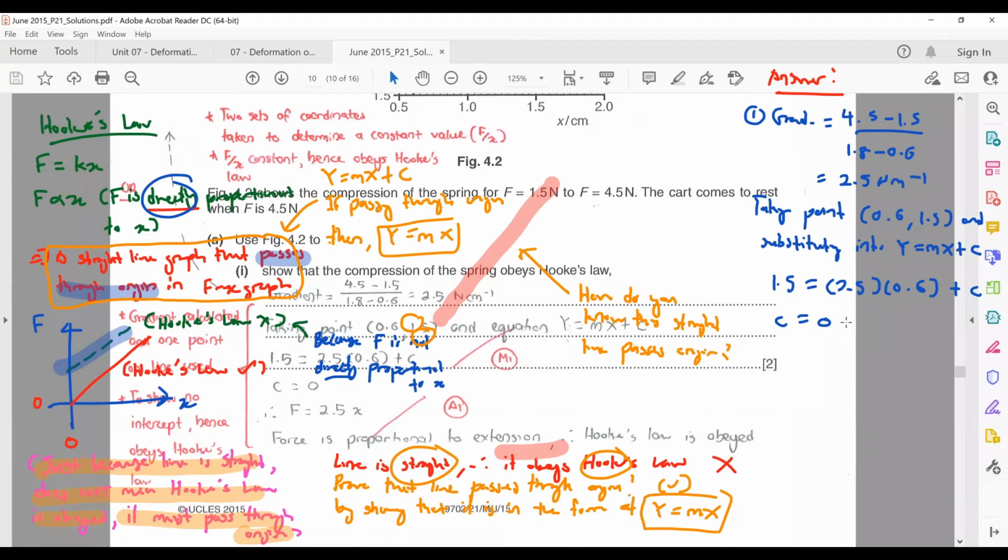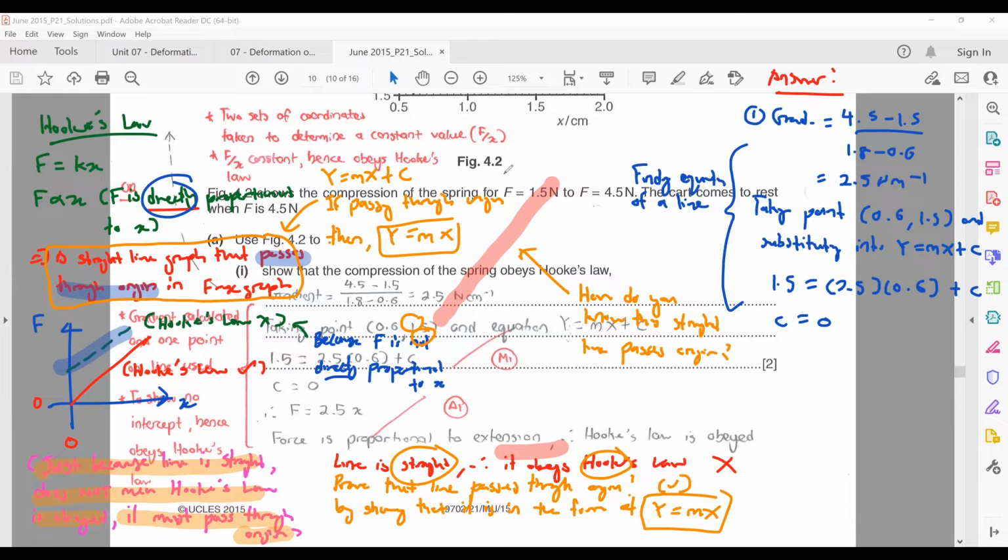In maths, if you're asked to find the equation of a line, this is generally what you do. This is you actually finding the equation of a line. In maths, you learned this before.